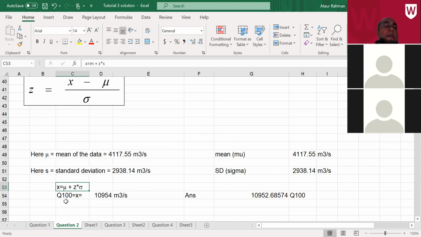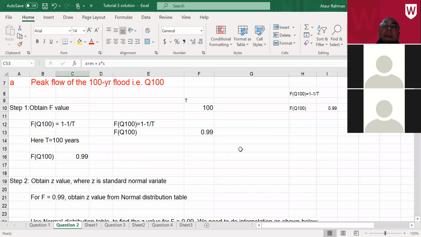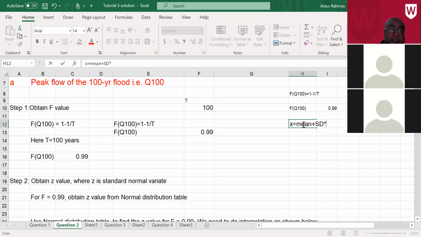So to find out the value of X with a certain probability, we have X equals mean plus Z value, the standardized normal variate, times sigma, the standard deviation. So basically, our equation would be x equals mean plus standard deviation times z.